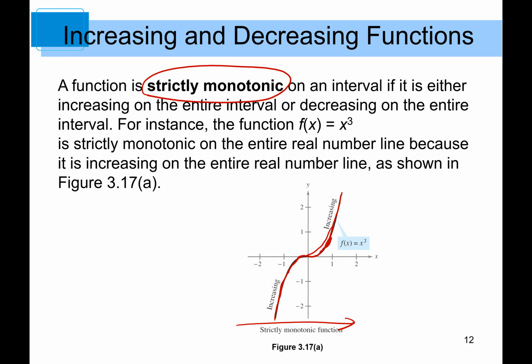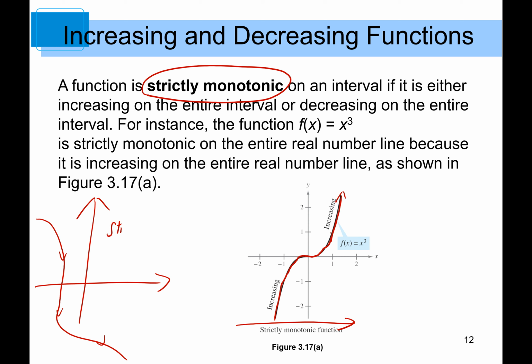So that means it's strictly monotonic. It could also be going all the way down, like this one. As you can see, from left to right, it's going all the way down. It's decreasing throughout, so this is also strictly monotonic.